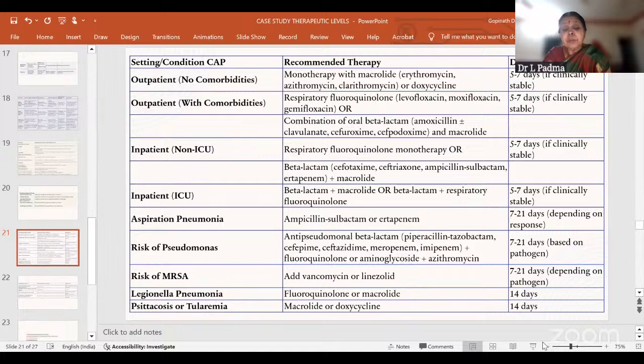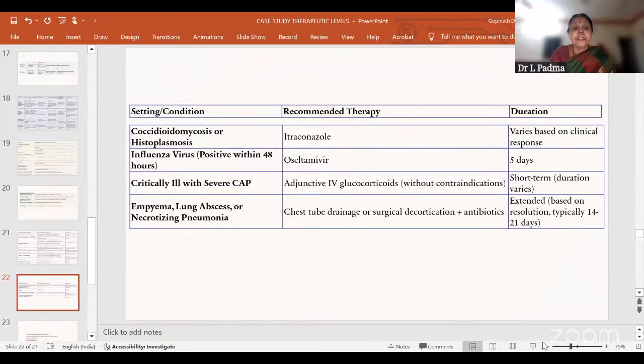Legionella pneumonia, fluoroquinolone or macrolide. And psittacosis or tularemia, again macrolide or doxycycline, as we see in the outpatient with no comorbidities. In case of fungal, we use mainly itraconazole, but if it is outpatient basis, we can think of high dose fluconazole also.